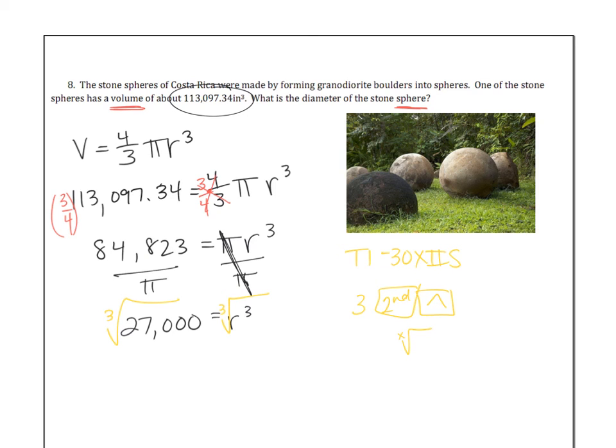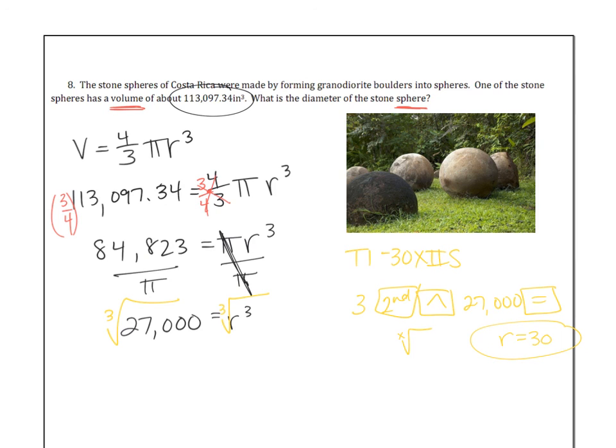So you're telling it to take the third root if you look above that button. And then you're going to type in 27,000, and then equals. So practice that. If you typed it in the right way, you should get radius equals 30. So that is the radius of the boulder.